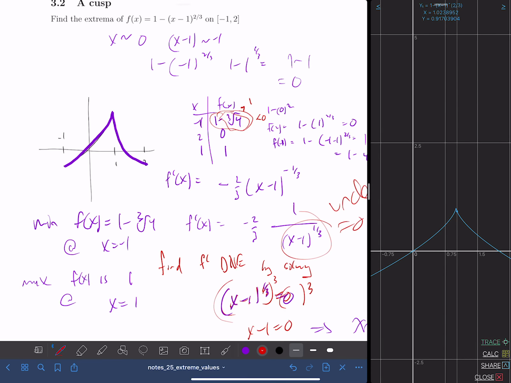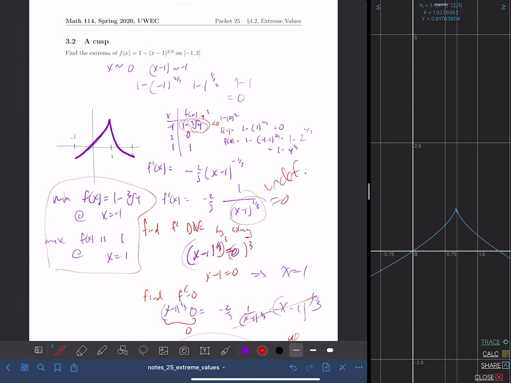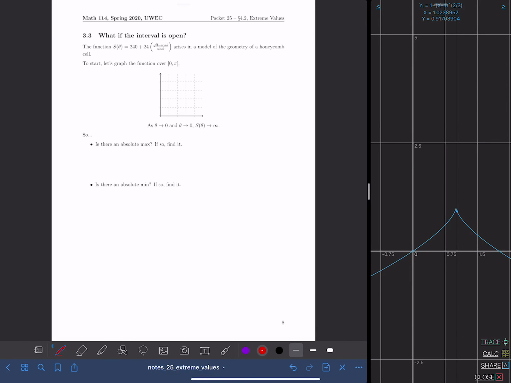So we reached a conclusion on that, and we're done. So let's turn the page and go to our last one together.